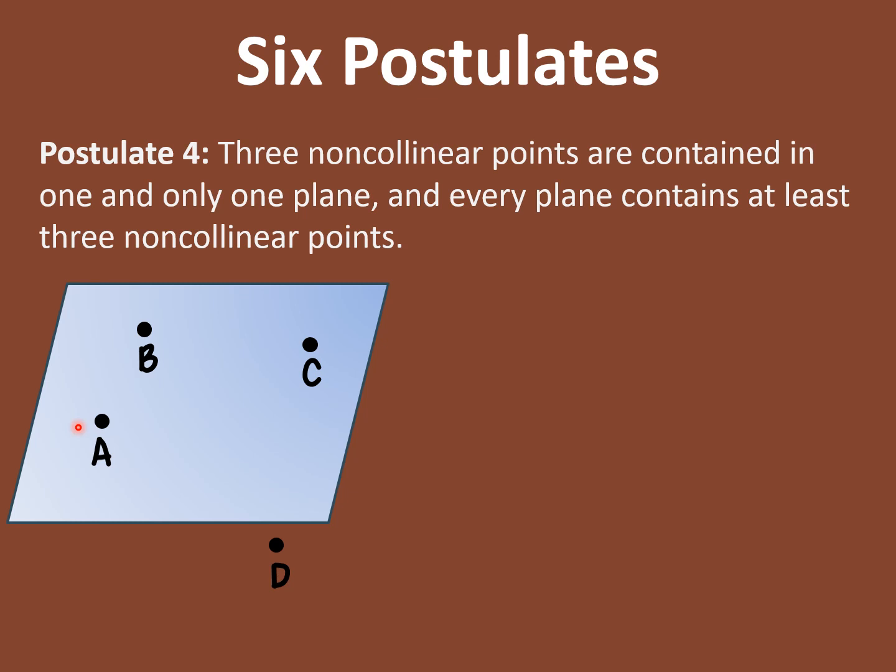So that's already 2 lines, 2 separate distinct lines. You could do another line here between B and C. That would be a separate line, so a 3rd line. But A, B, and C are non-collinear. You cannot draw a straight line through those points. Last thing I want to talk about is this point over here, D, that is off the plane.